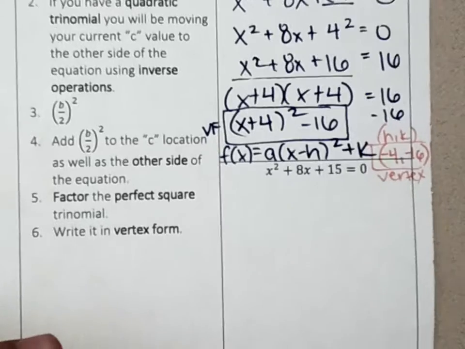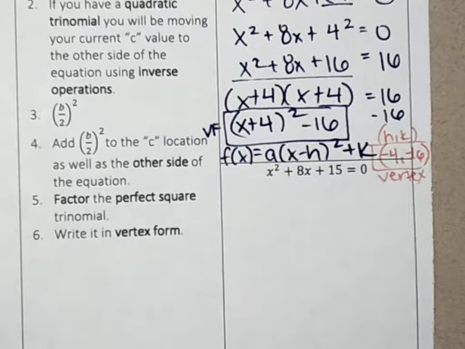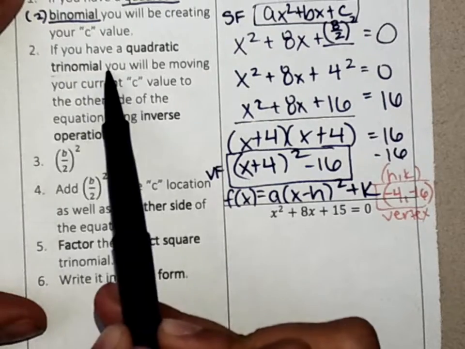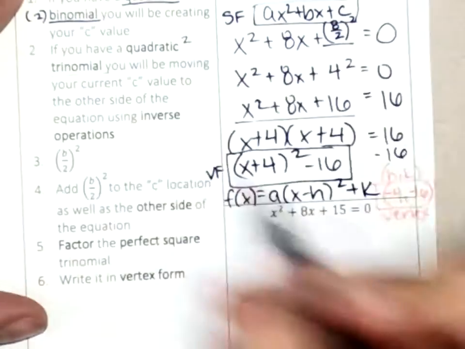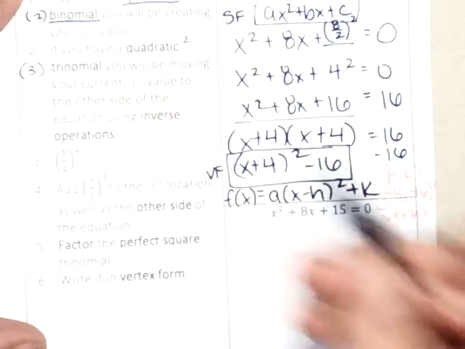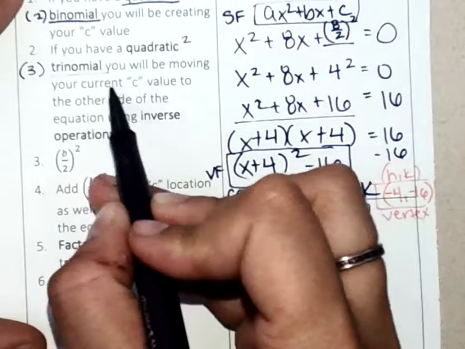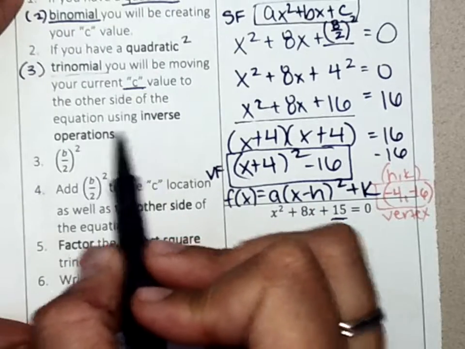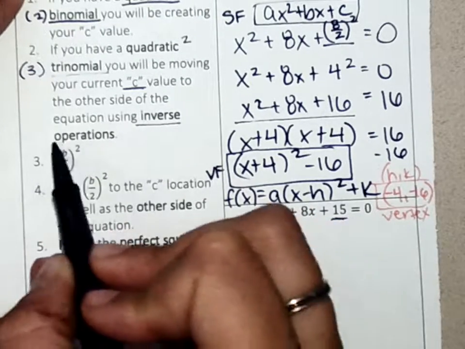In our second example, it's slightly different. We're going to skip down to step 2, which says if you have a quadratic trinomial, so quadratic means exponent of 2, trinomial means 3 terms, you'll be moving your current c value, in this case our c value is 15, to the other side of the equation using inverse operations.